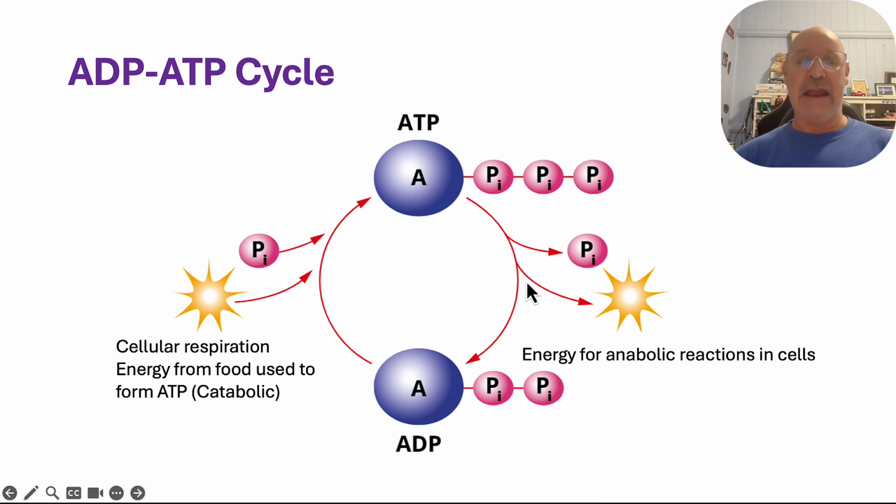So, we can start anywhere with this process, really. But let's say we've got fully charged ATP, we've got the 3 phosphates, we've got all of this energy in this third phosphate. It's ready to do work. And in the cell, reactions that require energy, maybe it's active transport, for example, that last phosphate is broken off and the energy is released, and that energy then is able to be used for anabolic reactions within the cell.